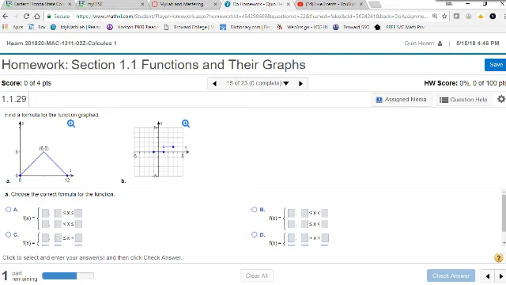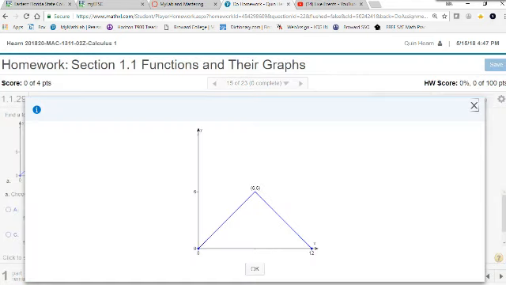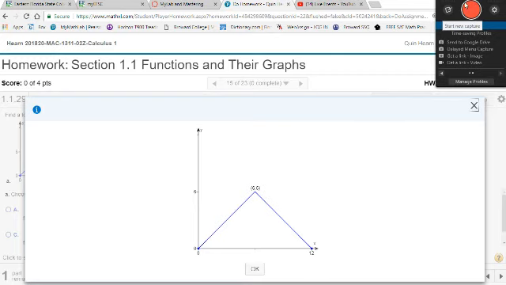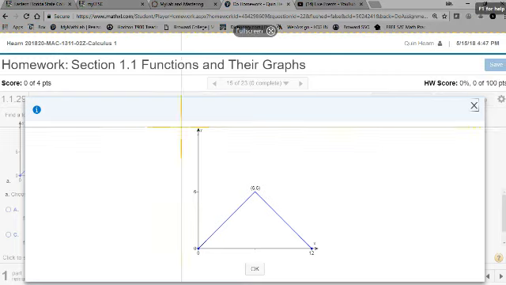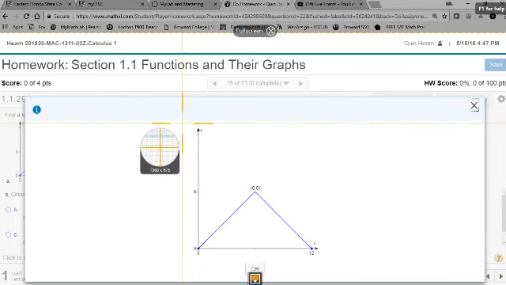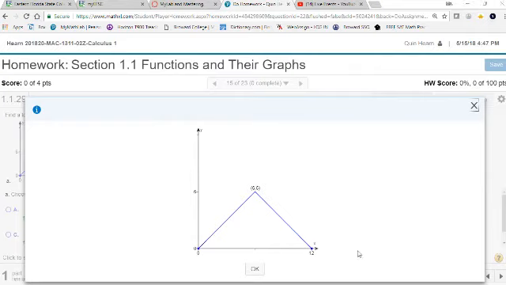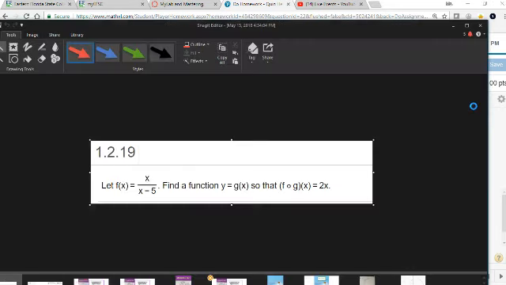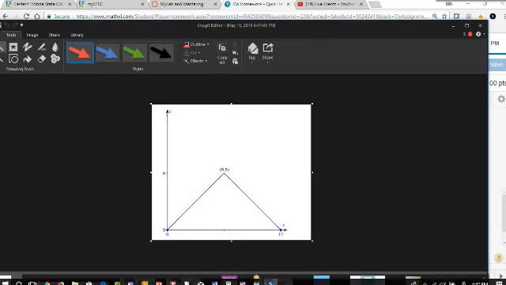Okay, so this question is about piecewise defined functions. All right, let's start with part A here.